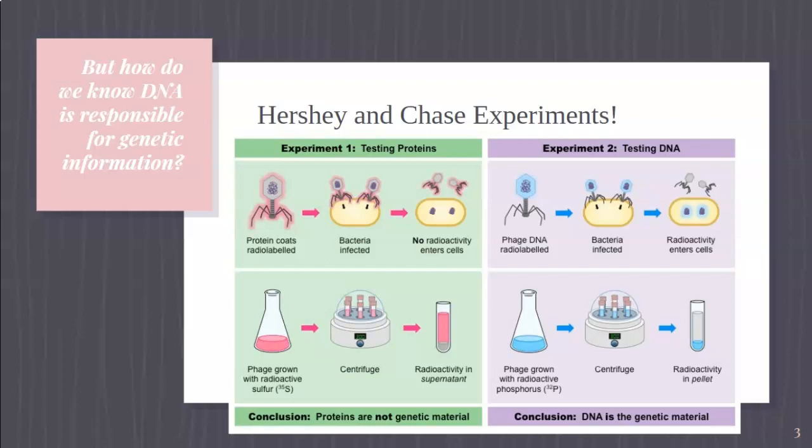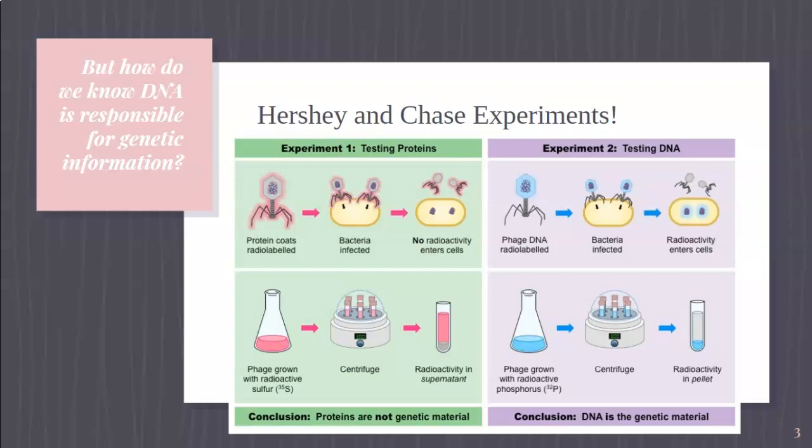That's the liquid, which shows that it was not where you wanted it to be, because the genetic material is in the pellet, which is at the bottom. And so when they did the radioactive phosphorus, which was coded to the DNA, they saw that the radioactivity was in fact in the pellet. The conclusion to these, of course, is that proteins are not genetic material and DNA is the genetic material.